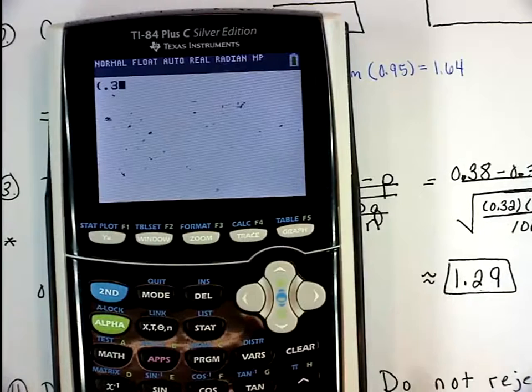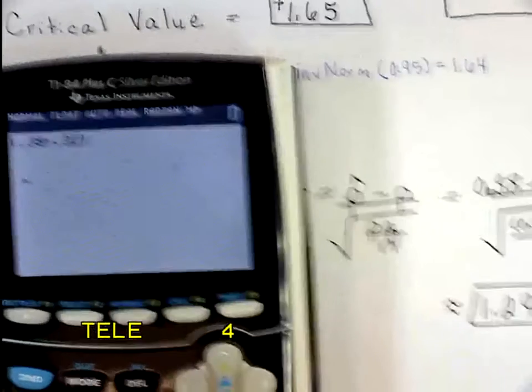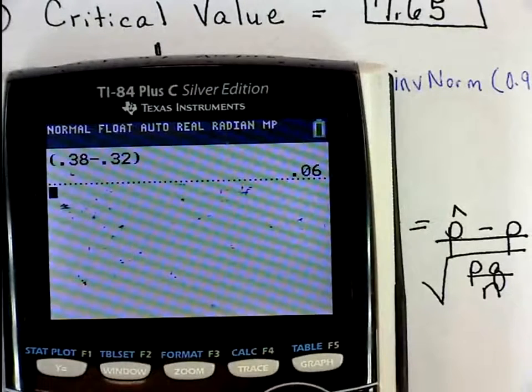Parentheses 0.38 minus 0.32, close that in parentheses. And that's going to be enter, divided by the square root. And you do need some parentheses. That's going to be parentheses 0.32 times 0.68.